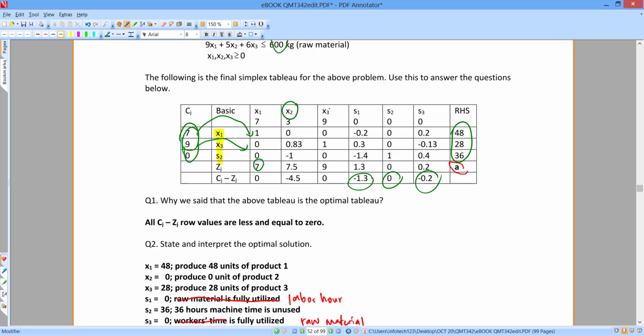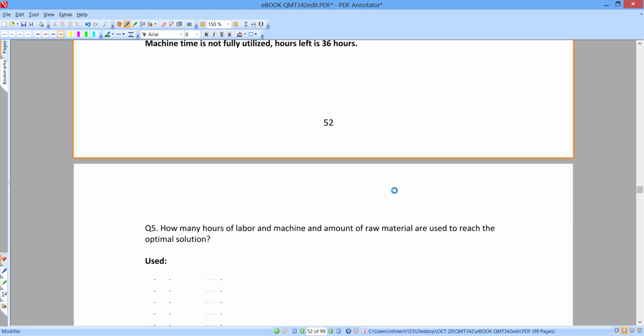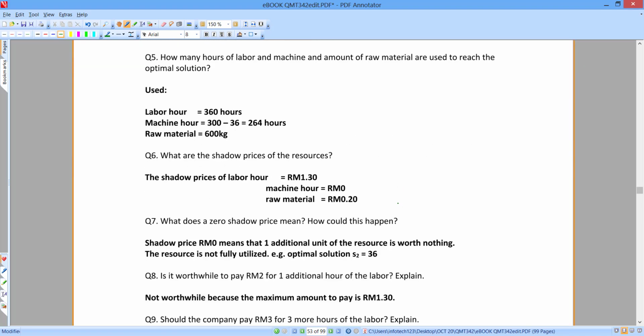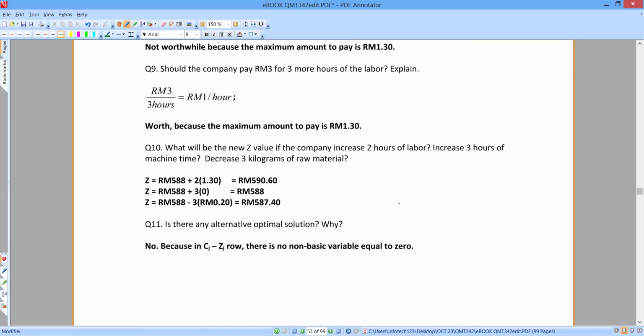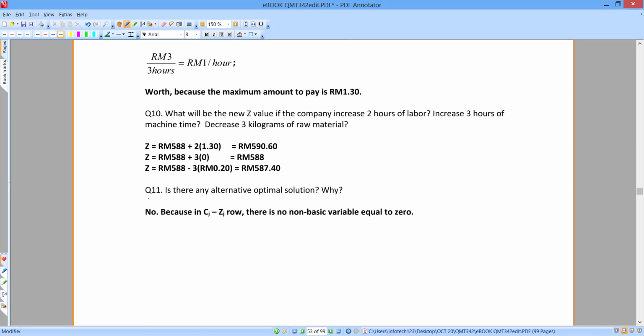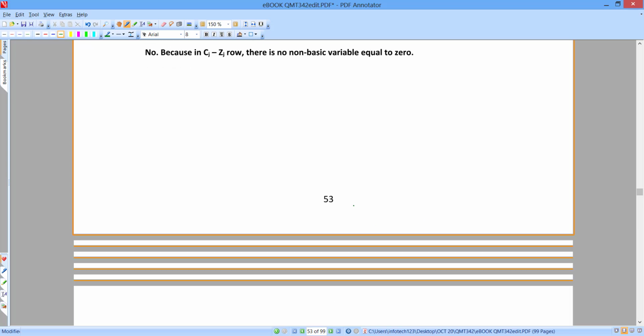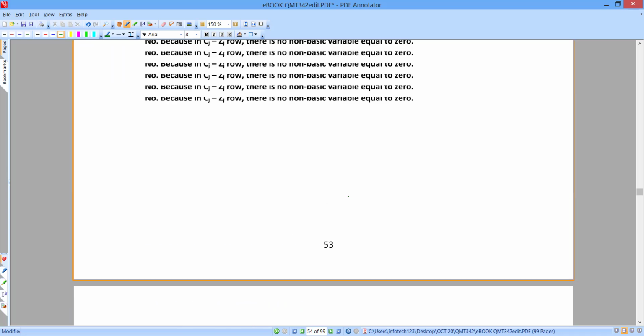X1 kita punya basic, X3 kita punya basic variable, S1 kita punya non-basic. Lagi apa? S2 bukanlah, S2 masuk dalam basic variable, S3. Okay, dalam ketiga-tiga non-basic variable ni, ada tak value dia equal to 0? Tak ada kan? So here this problem having no alternate optimal solution lah. Okay, because under CJ minus ZJ there is no non-basic variable equal to 0. Okay, that's all.